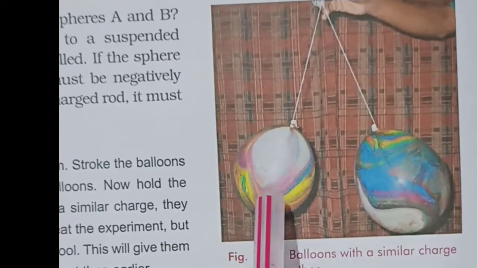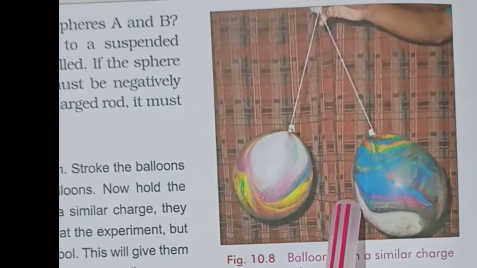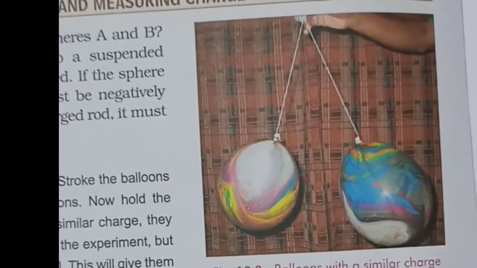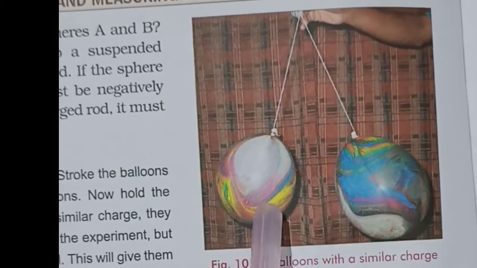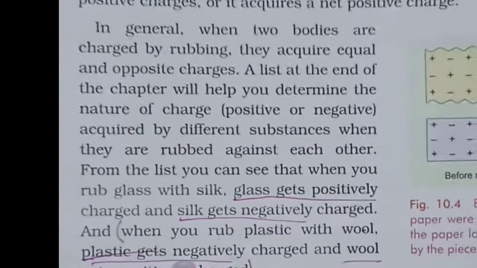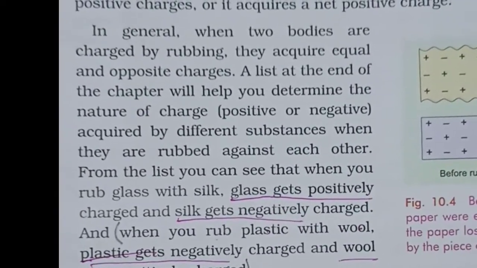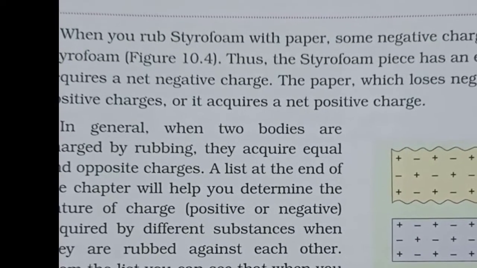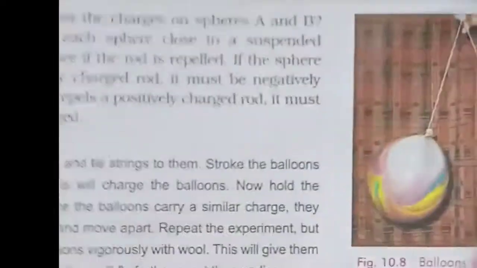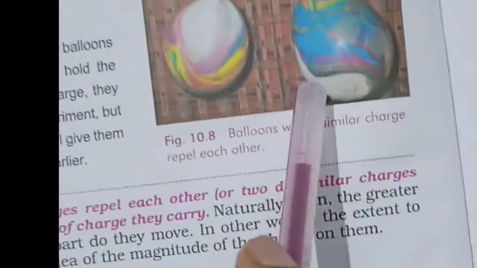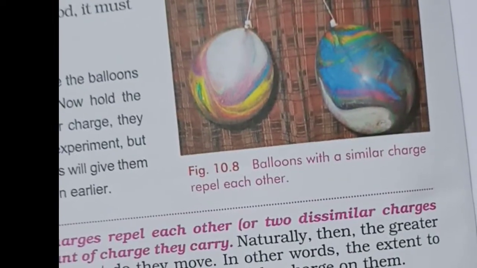We will see they attract each other because both of them have got opposite charges. The one we rubbed on wool, as we saw here, will get positively charged. And the other balloon, when we rub it with silk, will get negatively charged. So unlike charges attract each other, so both balloons will attract one another.